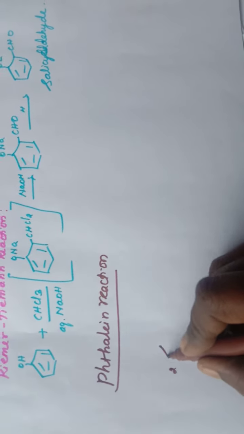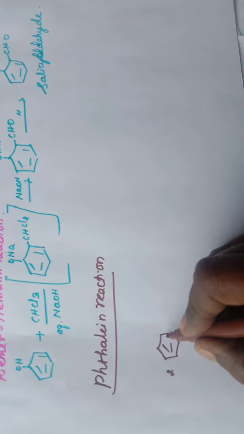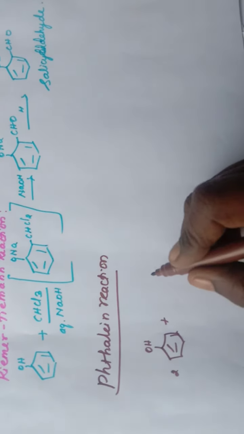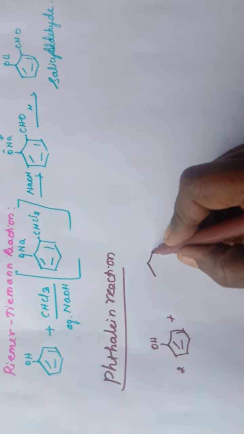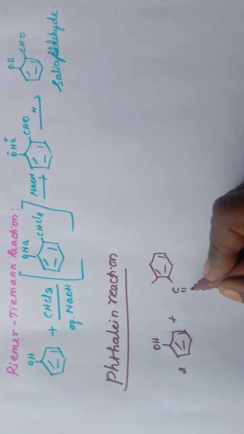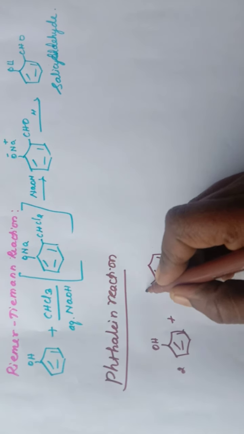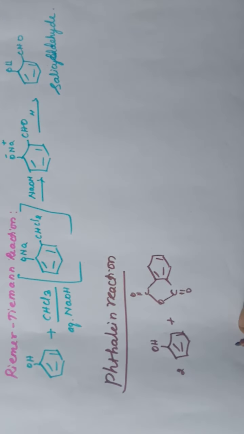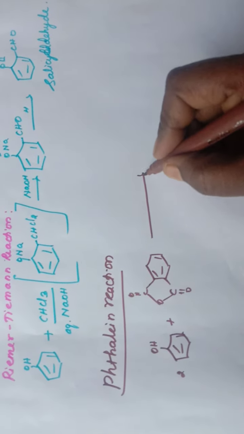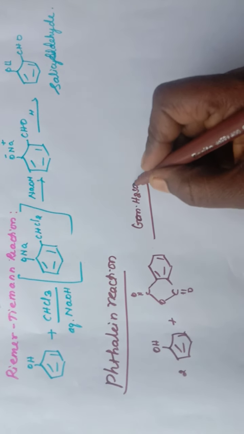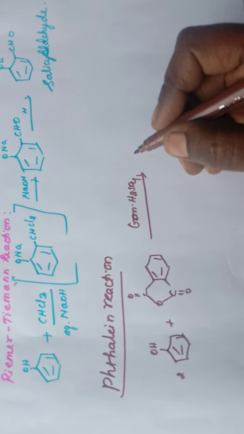So 2 molecules of phenol are treated with phthalic anhydride, this is phthalic anhydride, in the presence of concentrated sulfuric acid.